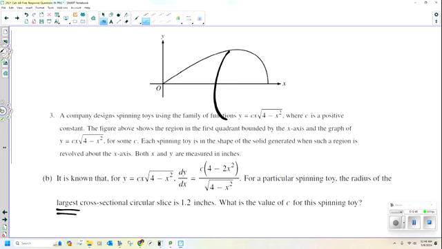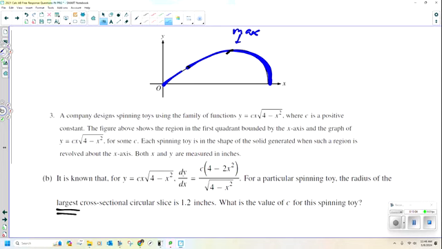Okay, when this thing spins, the largest cross-section is going to be wherever the maximum is in my graph. If I spin a little thing here, that's a smaller cross-section. The largest cross-section is going to be where my maximum is. Let's establish that first. That's going to happen where the max value is, somewhere around there.